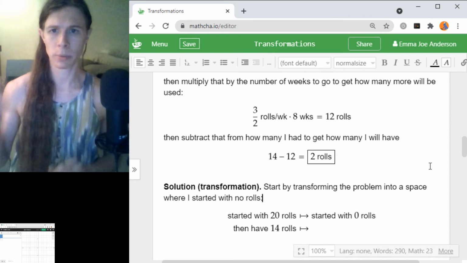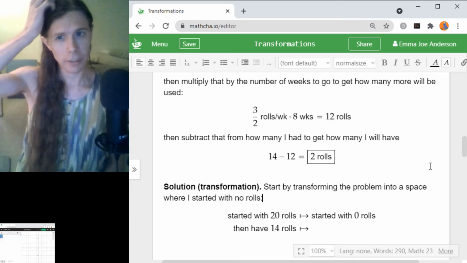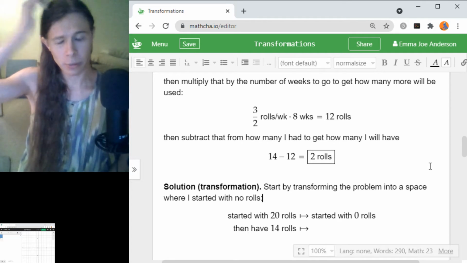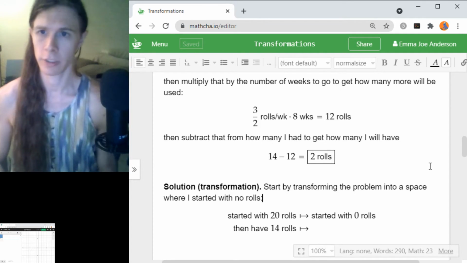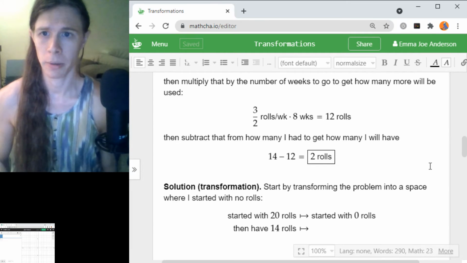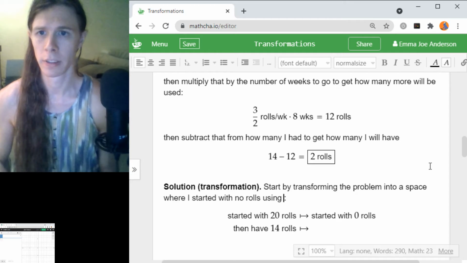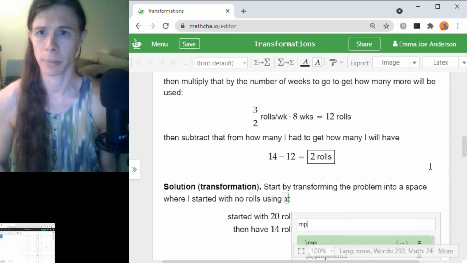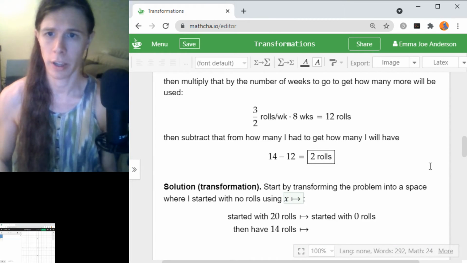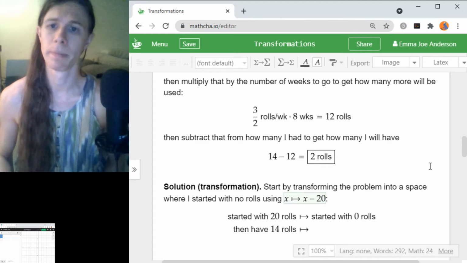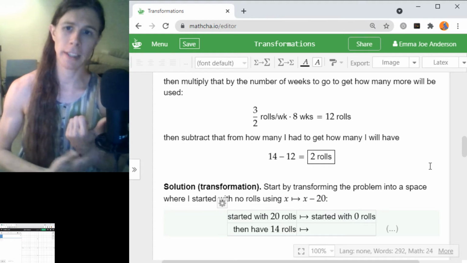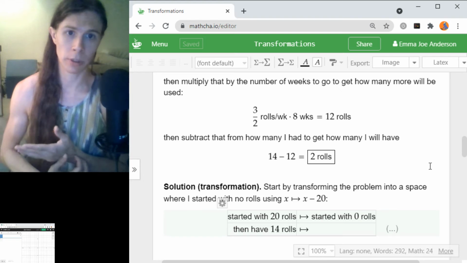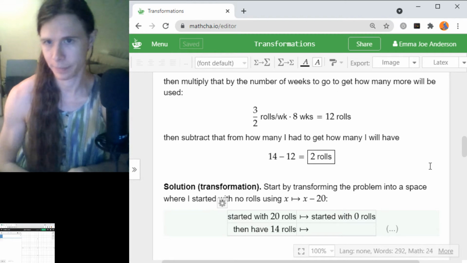In order to go from 20 down to 0, it feels like subtraction is what we're doing. We're subtracting 20. So we're using x maps to x minus 20. So we're replacing whatever the value was before with 20 less than that.